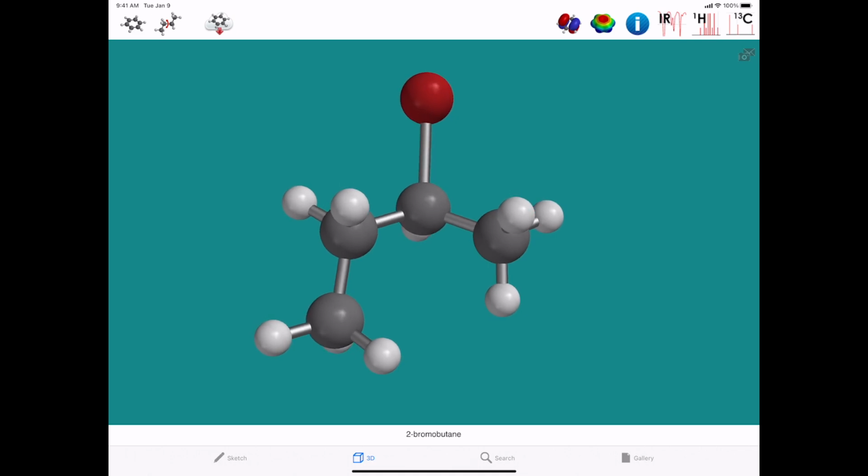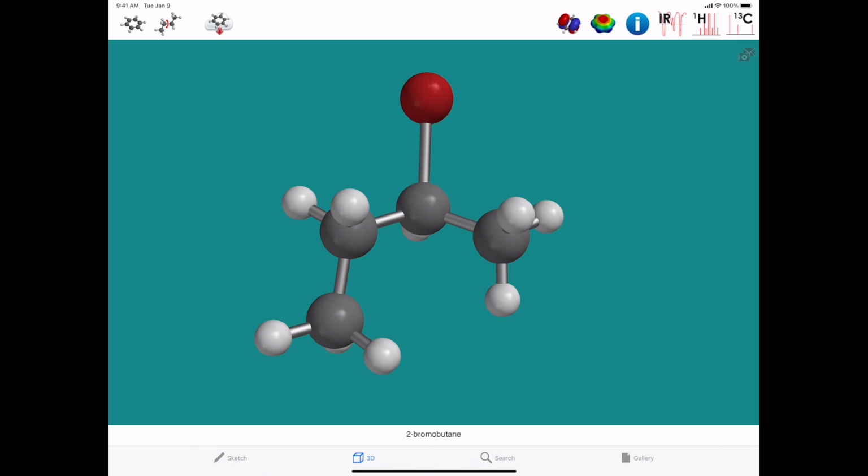We'll adopt this kind of way of talking about molecules: the carbon that's bonded to the leaving group we'll call the alpha carbon. The one that's adjacent we'll call the beta carbon. There are two beta carbons here. They're different. One's a methyl group, the other is attached to a methyl group. And we'll call this proton attached to the beta carbon a beta proton.